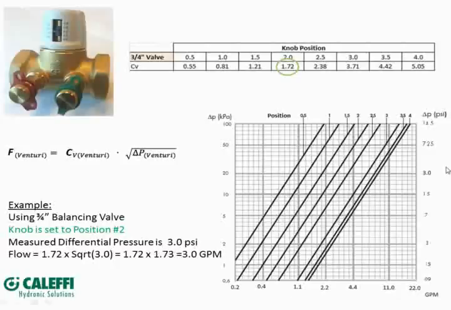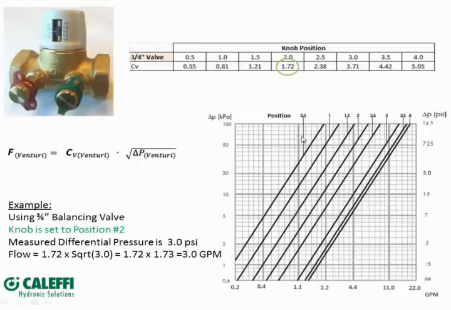Or, like we showed in the previous example, we can do it by way of lookup. Now, the charts on a variable Venturi type balancing valve, each size valve, 1/2 inch, 3/4 inch, each size has its own chart, whereas fixed Venturi has all sizes on one chart. Why is that? Well, it's because the CV value changes as a function of the knob position. So this is a chart for the 3/4 inch valve as an example.